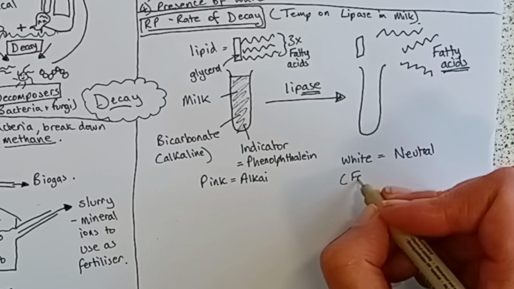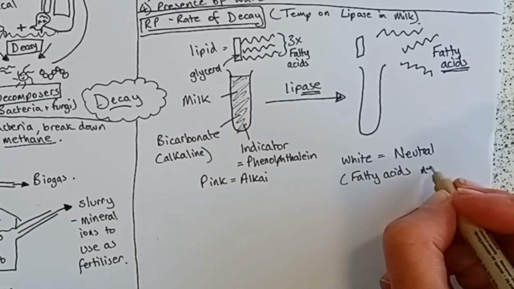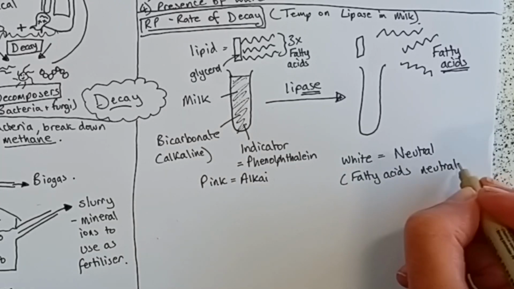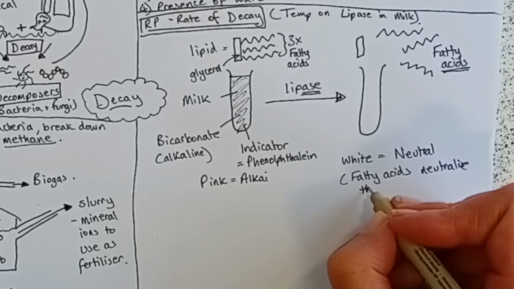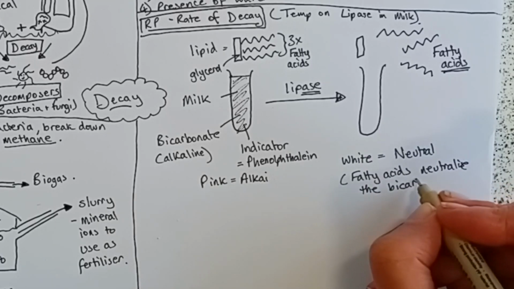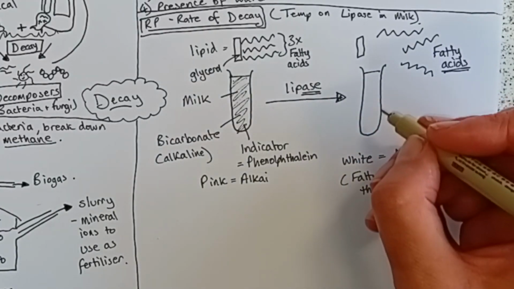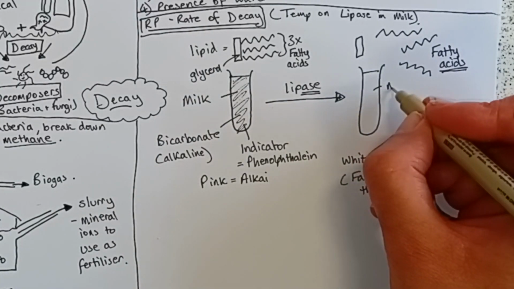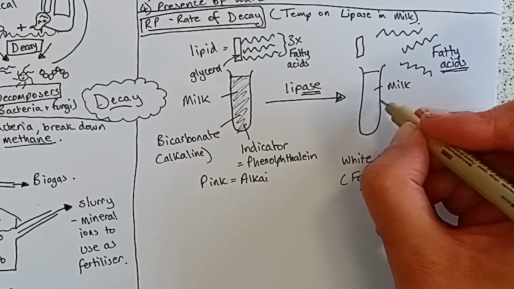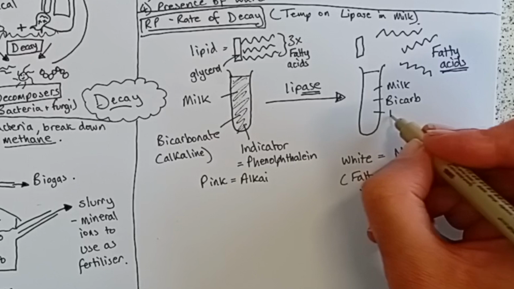The fatty acids neutralize the bicarb, the alkali that we put in at the start. So it stays white this time. You've still got milk, bicarb, indicator.